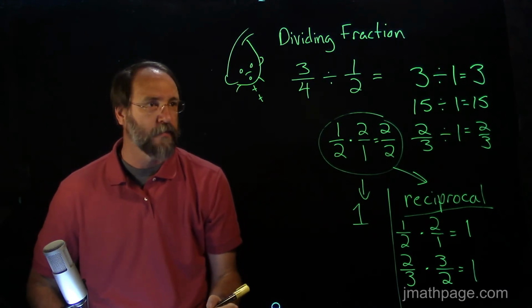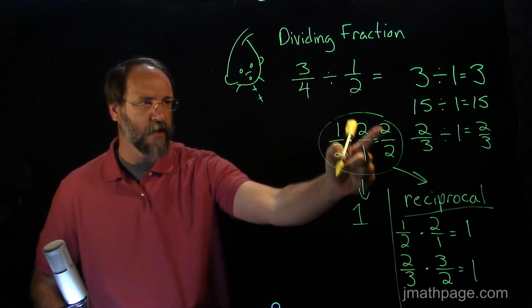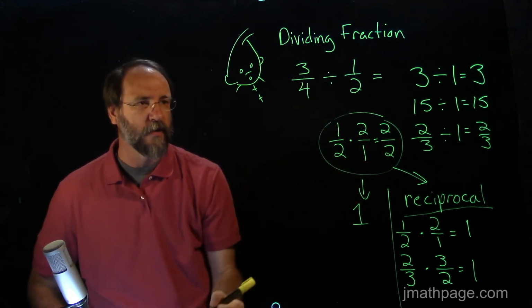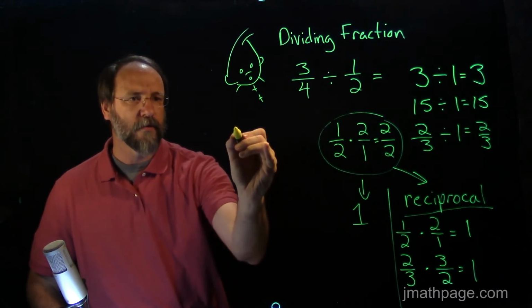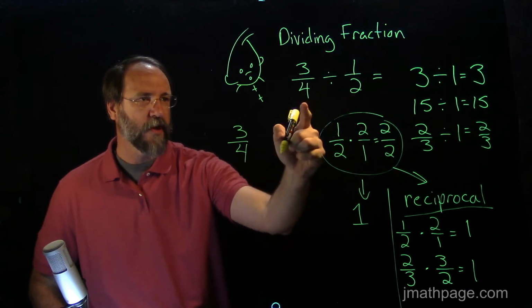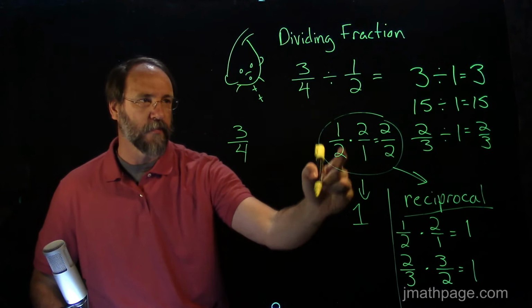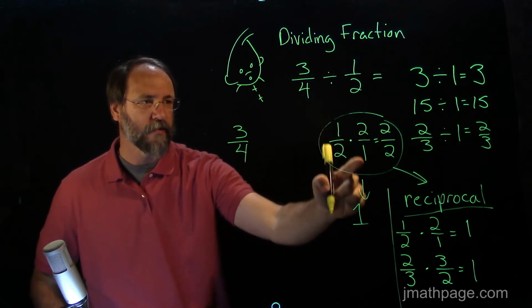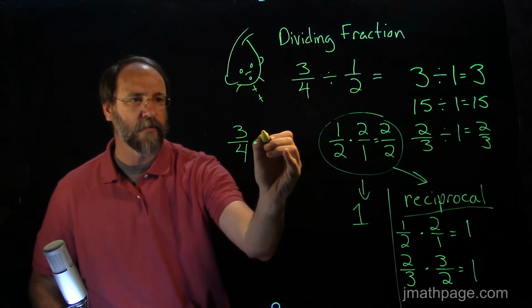So far so good. Now, it's all well and good for me to change 1/2 into 1, but 3/4 needs something too. So let's take 3/4. And remember, whatever I've done over here, in order to keep this problem safe and fair and equal, I have to do the same thing. So if I multiplied 1/2 times 2/1, I'm going to have to multiply 3/4 by 2/1.